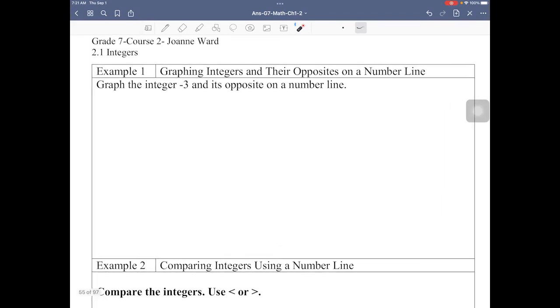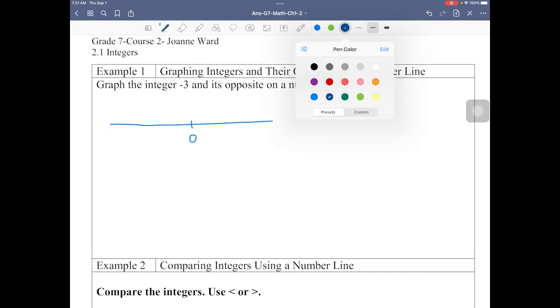Okay, so now I want to graph the integer -3 and its opposite on a number line. When I graph a number line, first of all, I find the 0. Then I graph the integer -3.